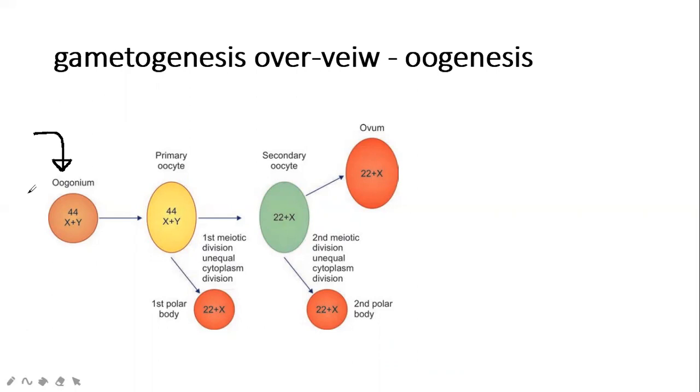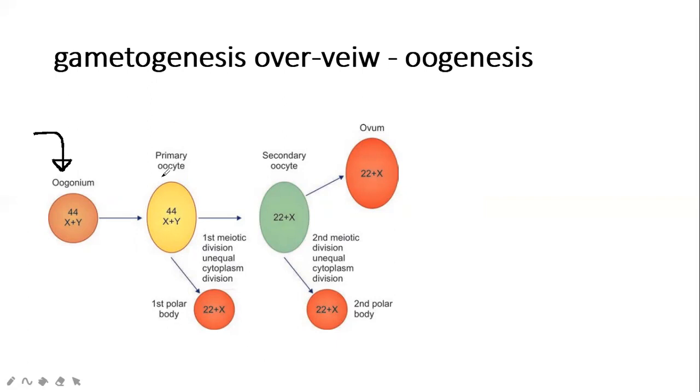Why? Because the gonadal ridge, the indifferent gonad, has a cortex and a medulla. In the female, it is the cortex that forms the ovary, and in the male, it is the medulla that forms the testes.